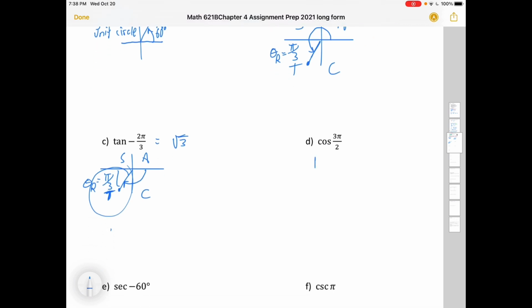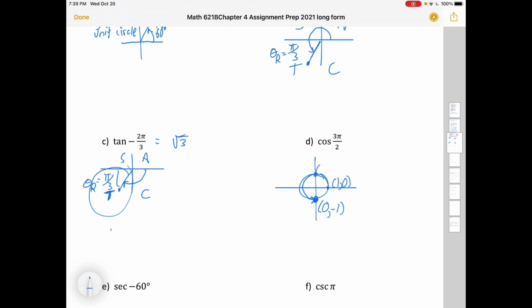3 pi over 2. Again, I'm going to draw this angle. So 90 degrees is 1 pi over 2. 180 is 2 pi over 2. This would be 3 pi over 2. And if I'm just thinking about the unit circle, at that point, this is the point 0, negative 1. I could also put some other points on.